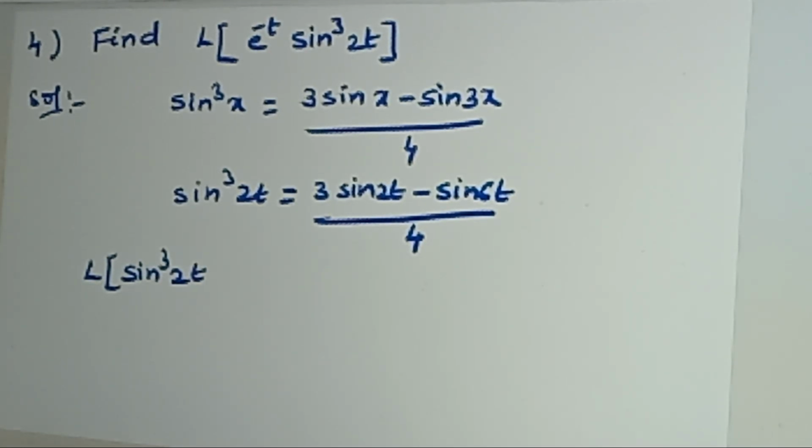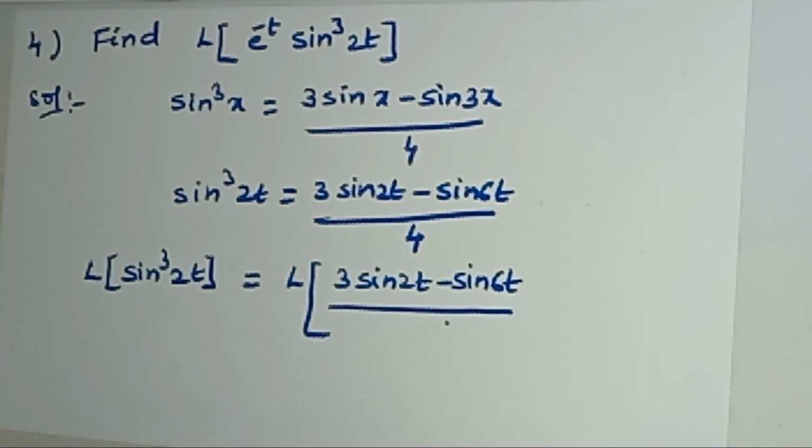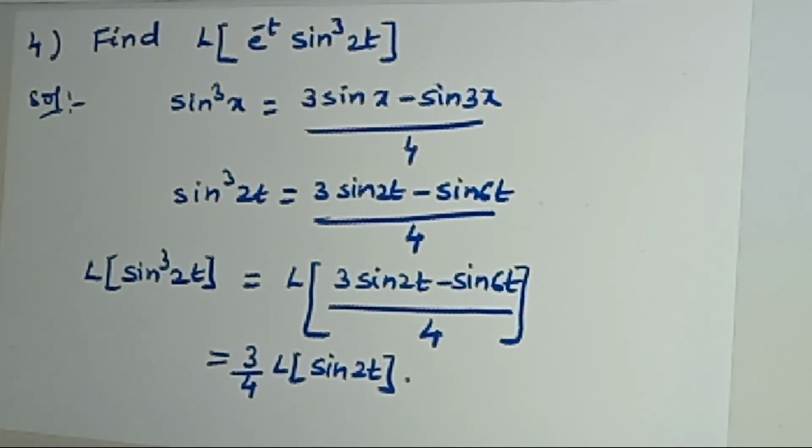So Laplace of sine cube 2t is equal to Laplace of 3 sine 2t minus sine 6t upon 4. Okay, this can further be written as 3 by 4 को बाहर निकालिए, फिर Laplace of what you are having, sine 2t. After that, minus 1 by 4 you write it outside and take Laplace of what? Sine 6t.